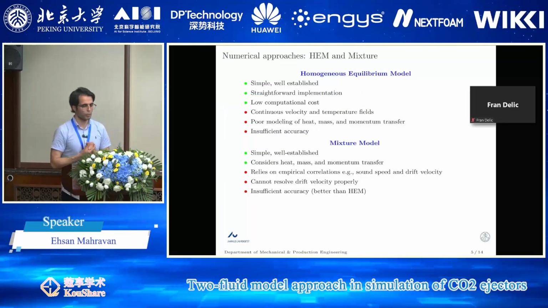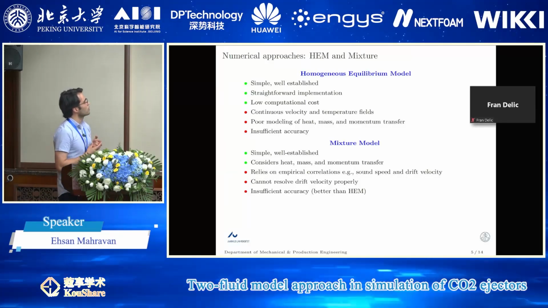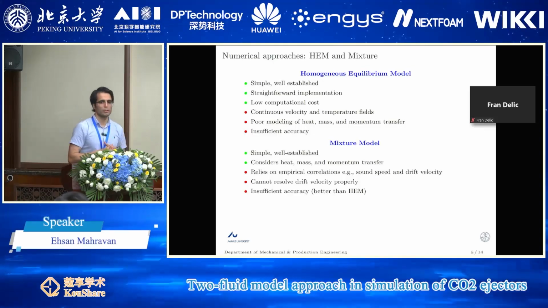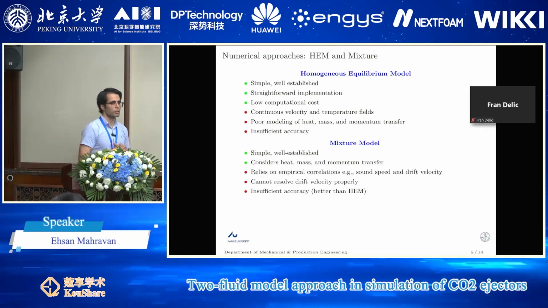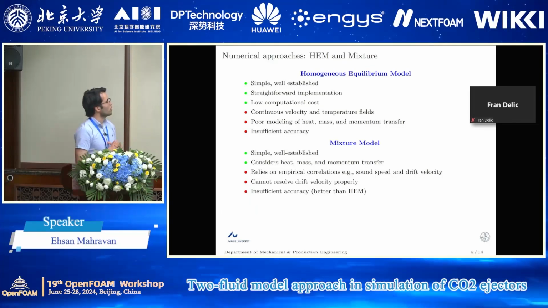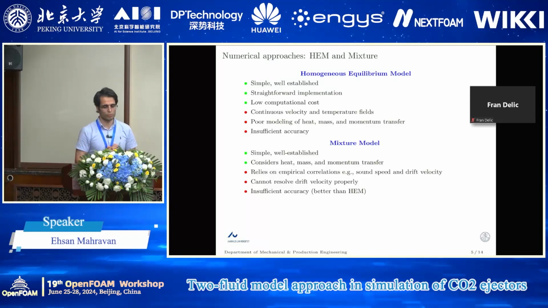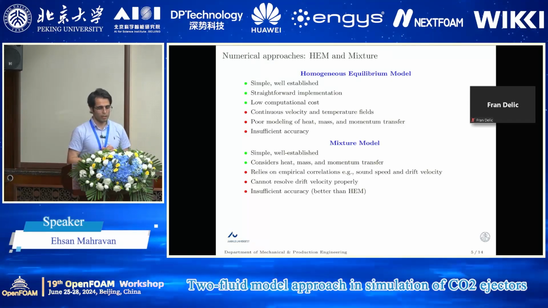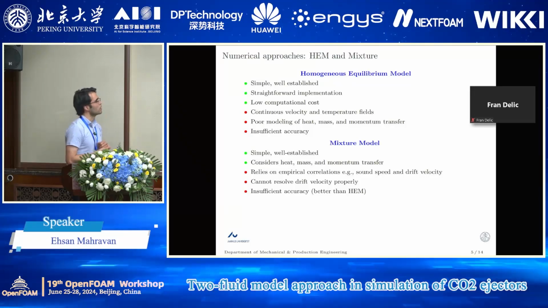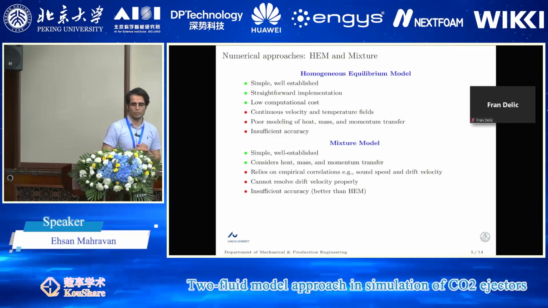So what are the pros and cons of each method? Both are quite simple and well established, so anyone can access them through commercial software or open source software like OpenFOAM, and there are a number of papers in the literature that give you enough details to do the simulations. HEM is more straightforward. It has lower computational costs, but it considers continuous velocity and continuous temperature fields, which is not true in these simulations.